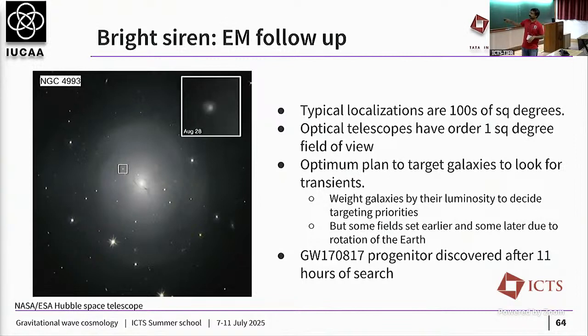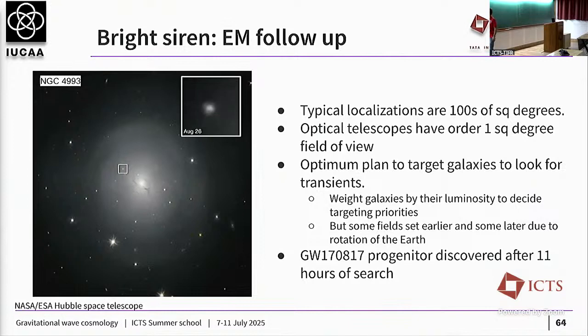Of course, there are also other considerations. For example, some fields in your search area may set before the others, while for other fields you still have some time. So you have to optimize, because you get a localization region, something like this. There is a high probability region here somewhere, and then these are the tails.